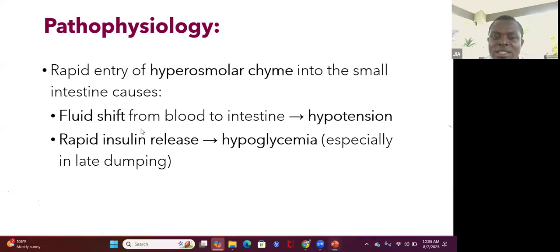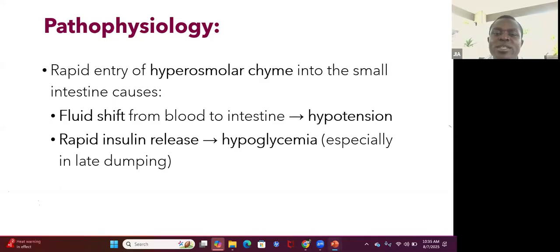Hypotension. And because the food hasn't been broken down up to a point, all of them just pour into the intestines.